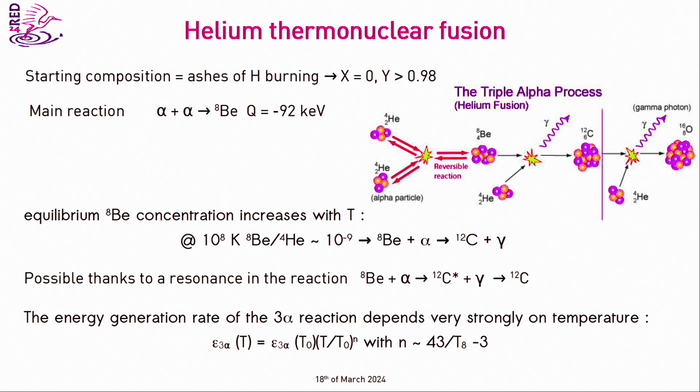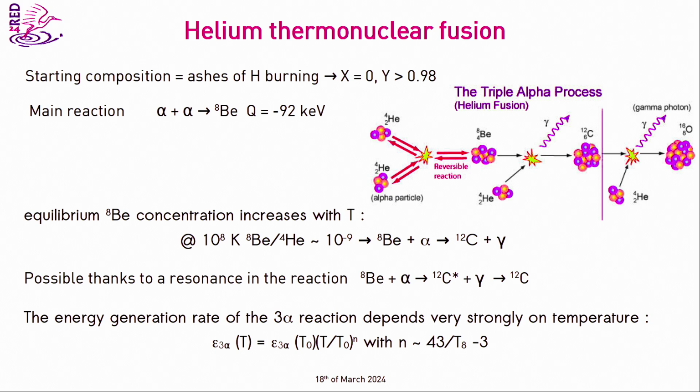So you are in a medium where you are in the ashes of hydrogen fusion. So no hydrogens anymore, no protons left, only helium and some metals. The main reaction that you can have is two alpha particles going together and building beryllium-8.